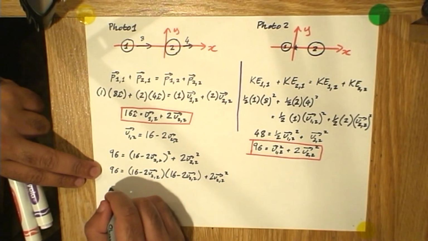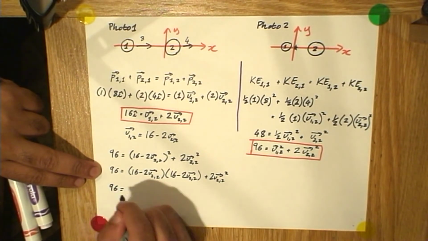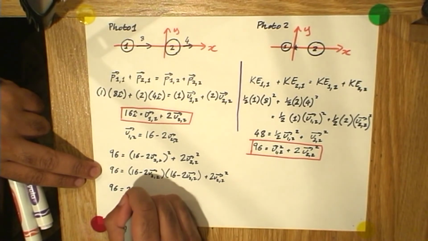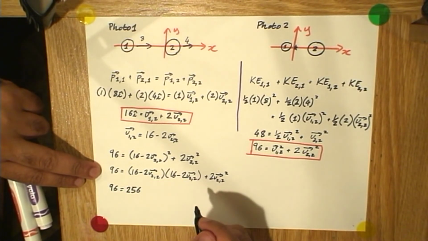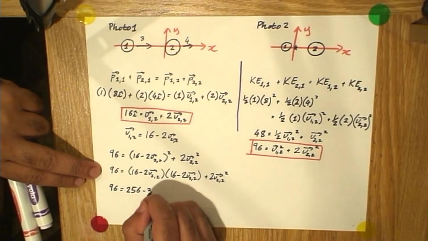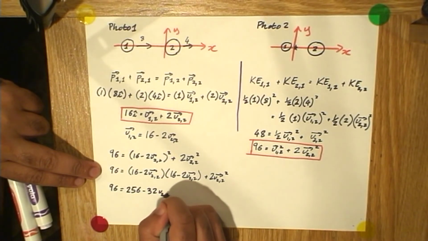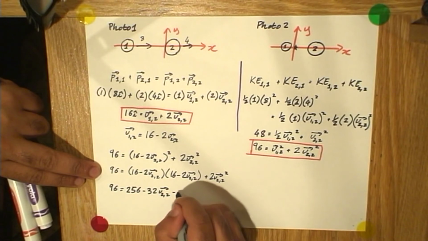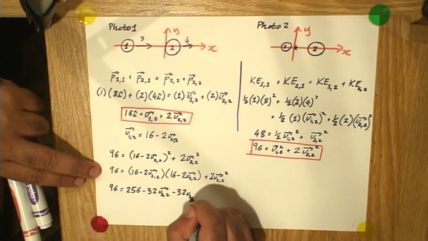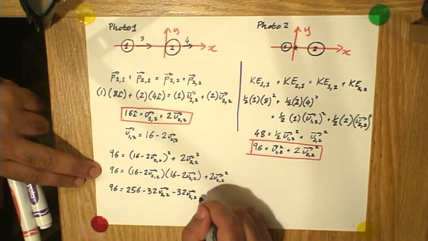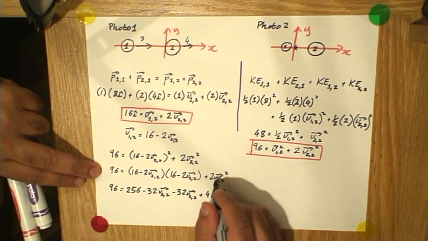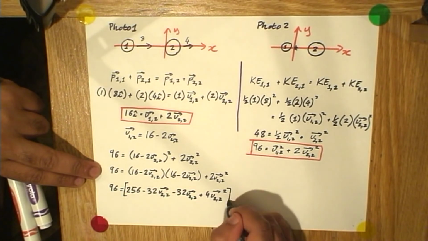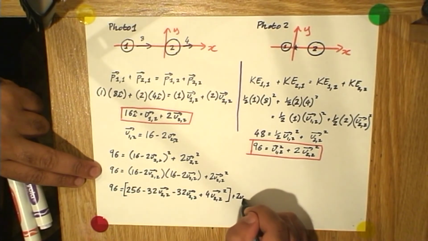Now we are going to solve this using FOIL. 96 is equal to 16 times 16 is 256. 16 times negative 2v2f would be negative 32 v2f. Negative 2 times 16 gives us negative 32 again. Negative 2 times negative 2 gives us positive 4. And all of this gets added to 2v2f squared.